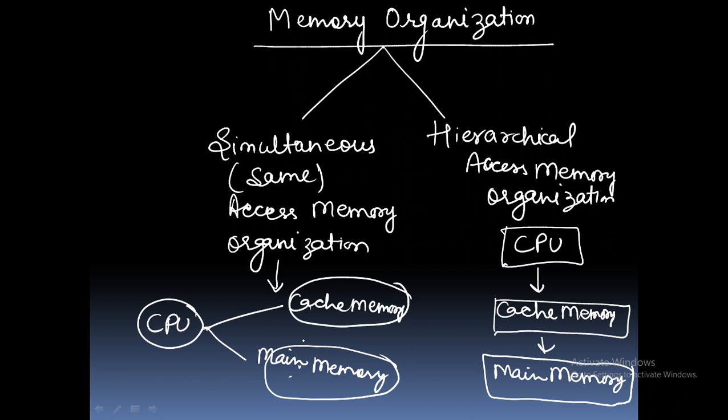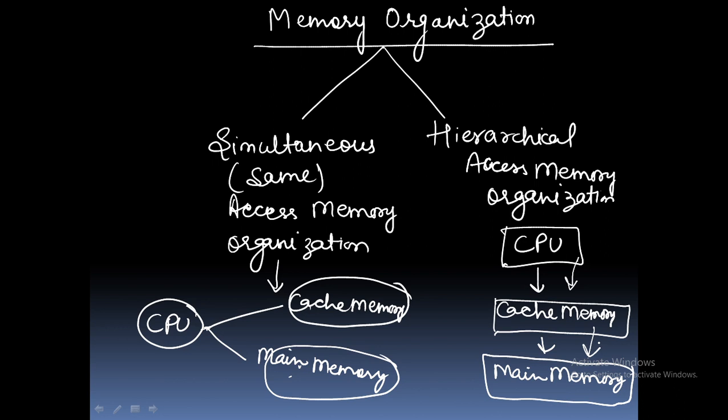But in hierarchical access memory organization, if you want to find any word, then the CPU first goes to cache memory. If you do not find that word in cache memory, then cache memory goes for it to the main memory.